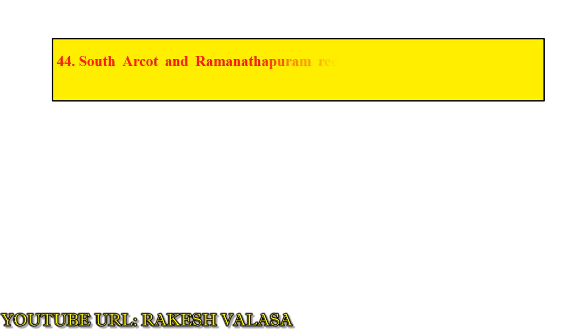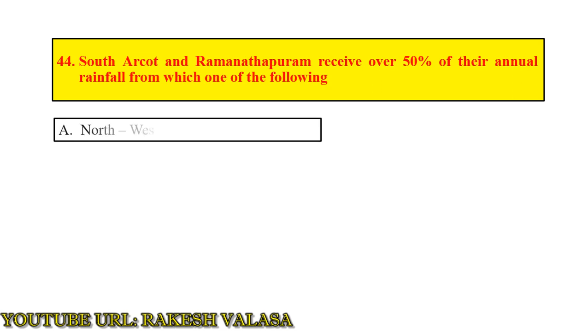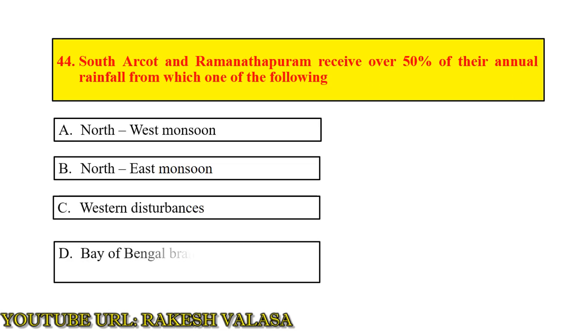Question number 44. South Arcot and Ramanathapuram receive over 50% of their annual rainfall from which one of the following? Answer. Northeast monsoon.